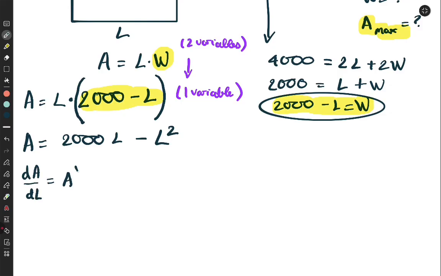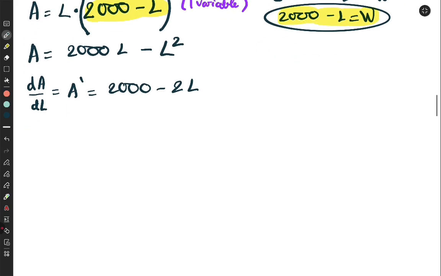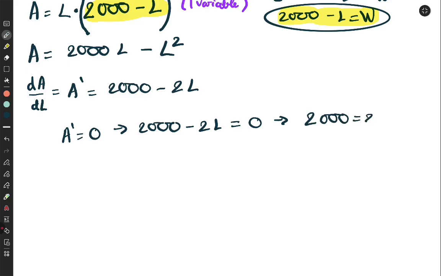Either that or this. 2000 minus 2L. To find the local max of that, it's relatively simple. You let that equal 0. Equals 0. L equal 1K.